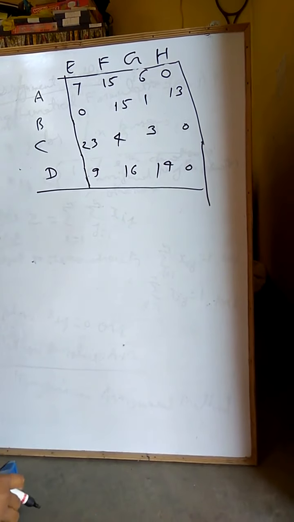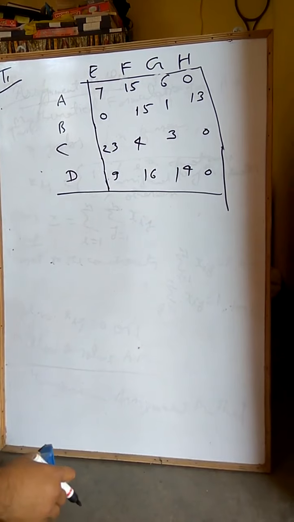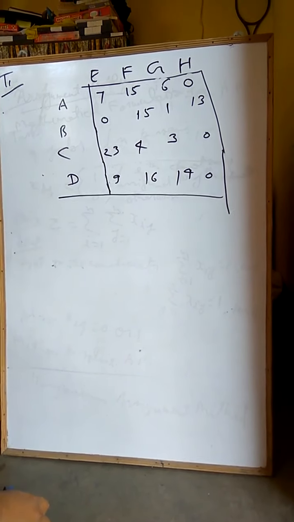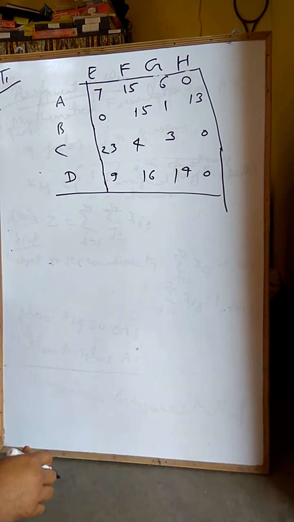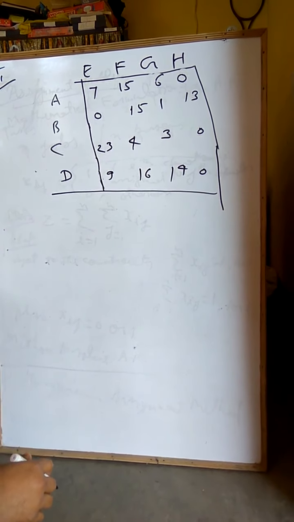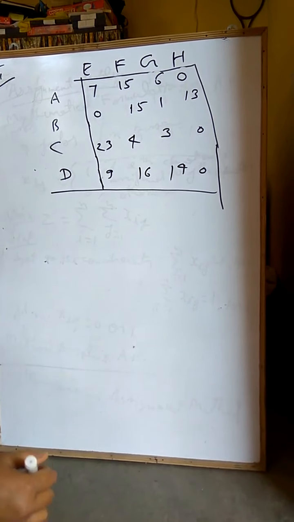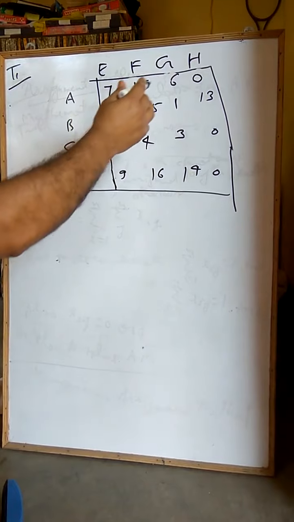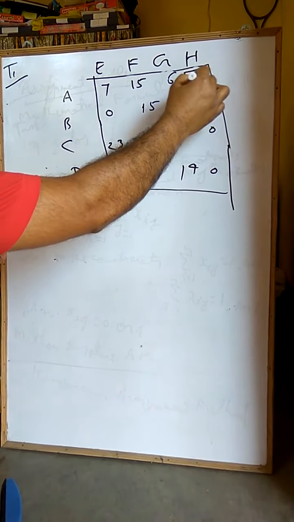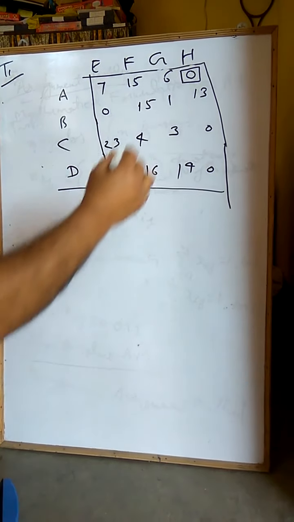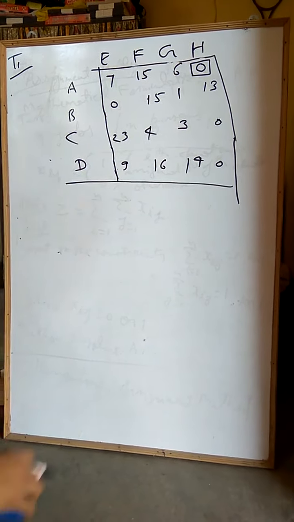Now we see that each row has a single zero. So now our purpose is to make assignments on the zeros. We will start from the first row. From the first row, this is the first zero, so we will assign this with a square bracket.